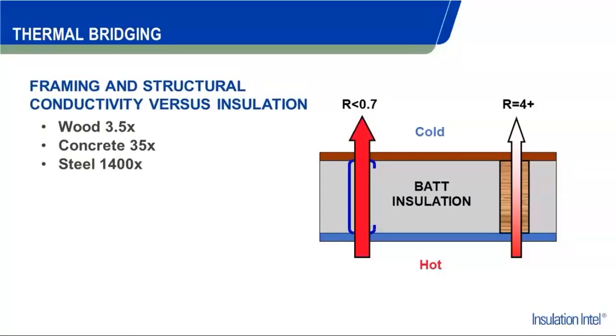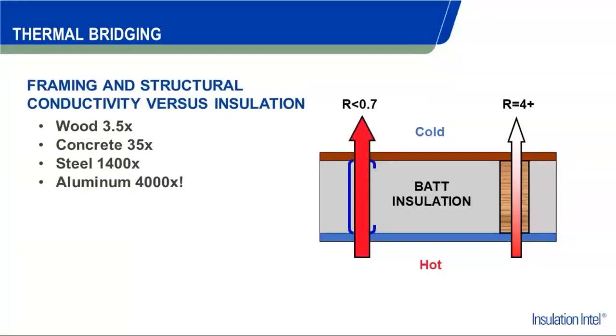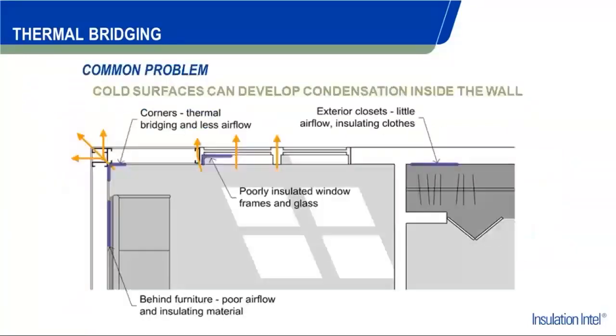Steel ends up being 1,400 times more conductive, and if we use aluminum studs, that actually exceeds 4,000 times. So the conductivity of the material, as you can see, is apparent, and we need to come up with a solution for this issue.